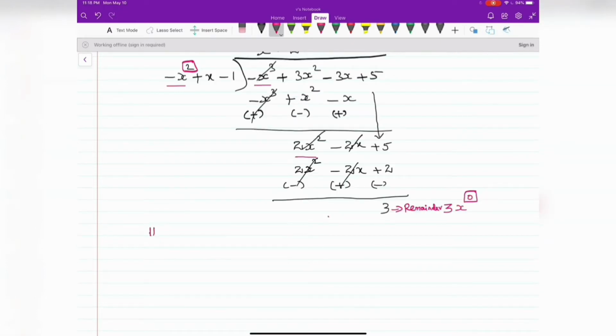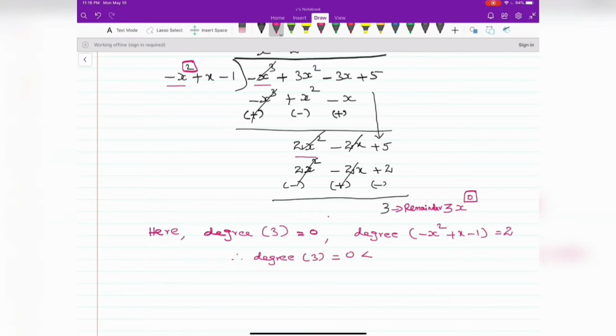Okay, here degree of 3 is equal to 0, whereas degree of minus x square plus x minus 1 is equal to 2. Therefore, you can easily write degree of 3 is equal to 0, which is less than 2.